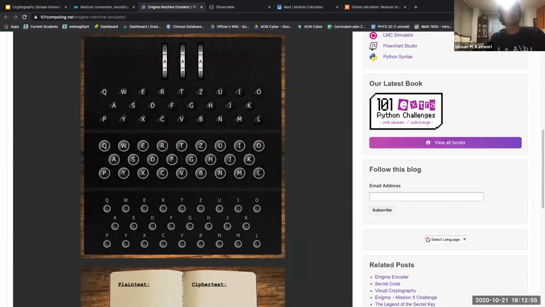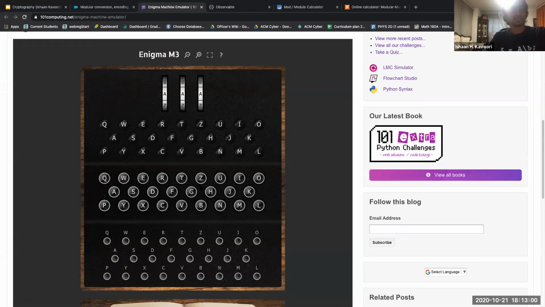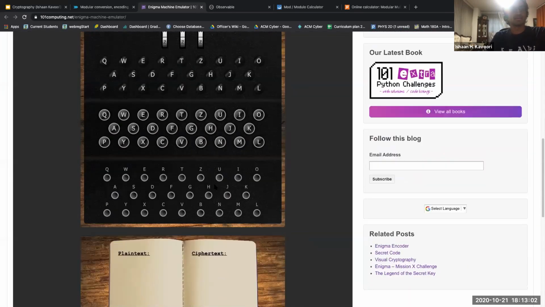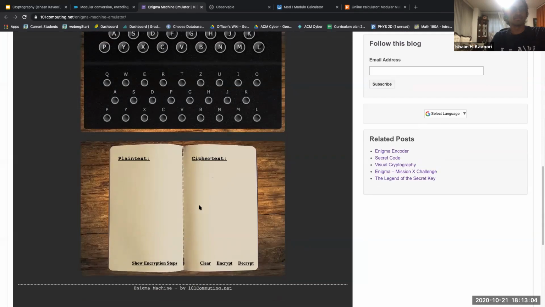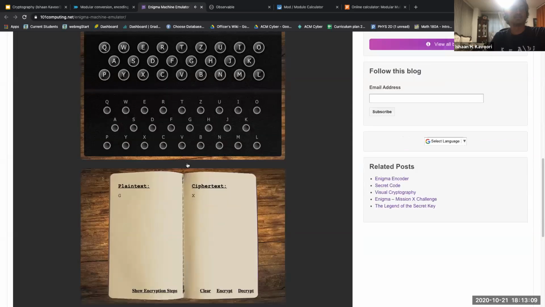Okay, but anyway, this is what the Enigma machine looked like. You would have the letters over here, and when you clicked on one, one would light up and you'd have to write it down.